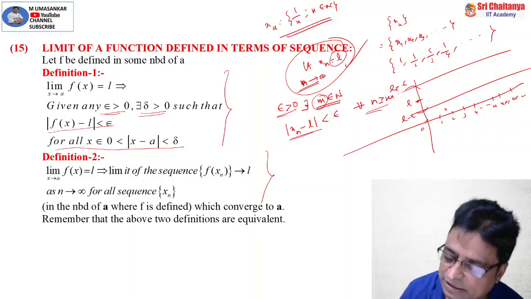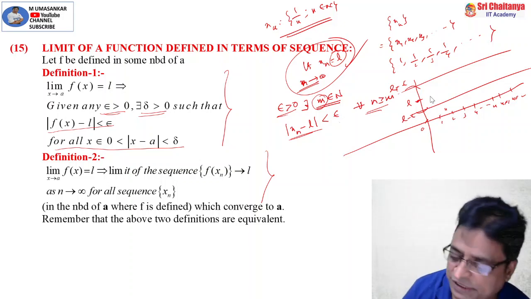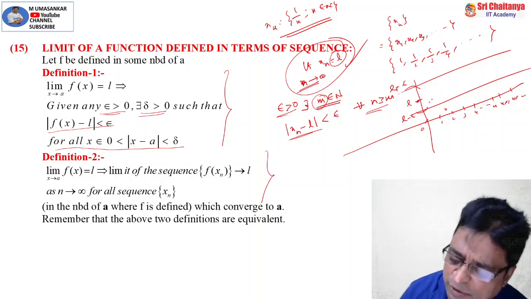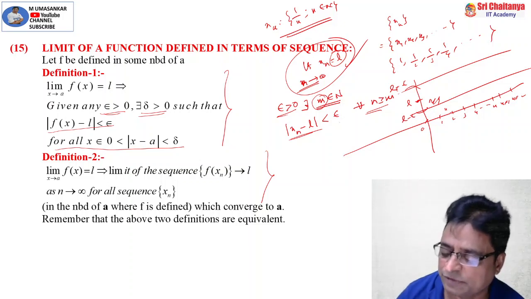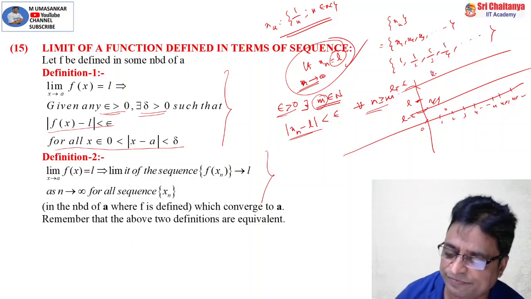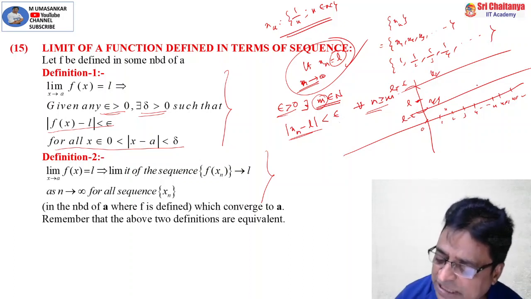That means for x equal to 1, the corresponding first term is x1. That x1 need not be in the neighborhood. It may belong to the neighborhood or may not. Suppose for x equal to 2, this is x2. x2 again need not be a term in the neighborhood. This may happen up to some extent.